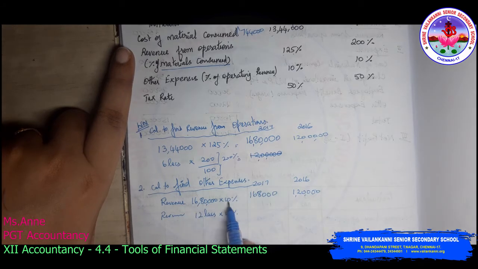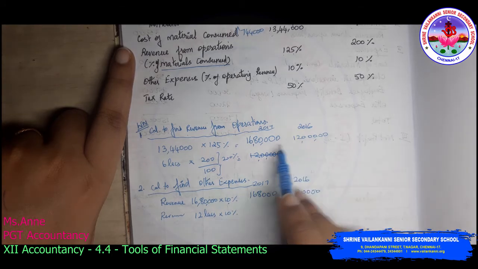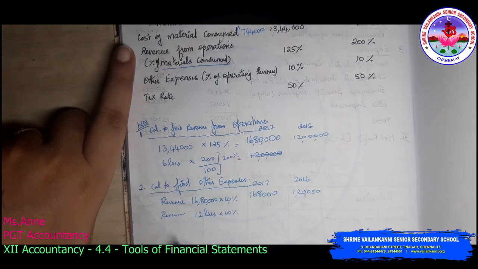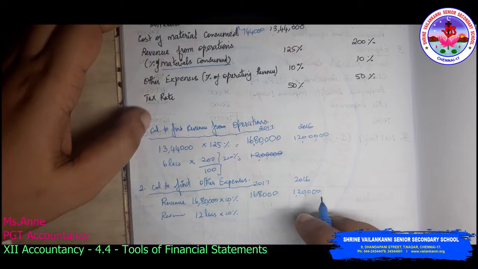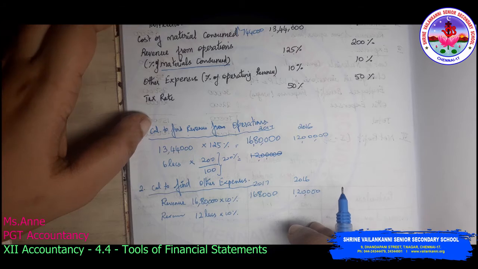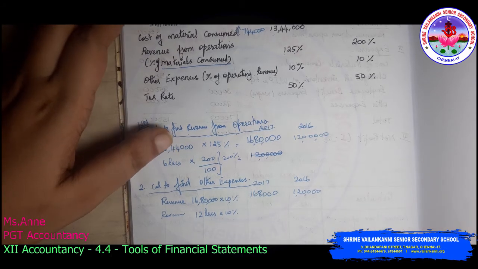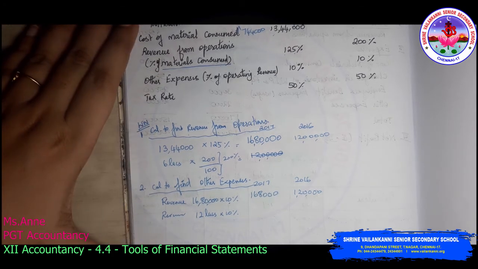So 16,80,000 into 10%, I will get 1,68,000. For 2016 the revenue from operation is 12 lakhs. So 12 lakhs into 10% is nothing but 1,20,000. So we have found all the necessary details that is needed for us to prepare the statement of comparative profit and loss. So I am going to construct the comparative statement of profit and loss, and then we will proceed with the problem.